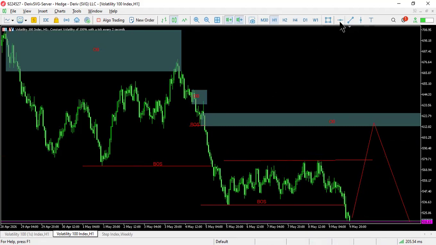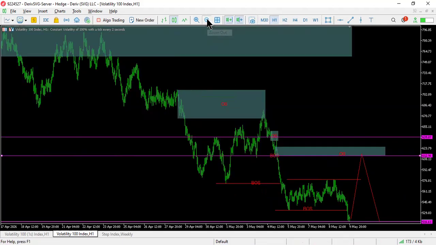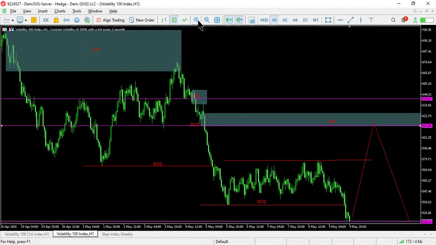So our coordinates for the sell limit, you can go ahead and place a sell limit on volatility 100 with your entry price at 612.96, stop loss at 639.87, and then you take profit at this swing low that is forming here at 516.61, and always apply proper risk management, as nothing is guaranteed in trading.